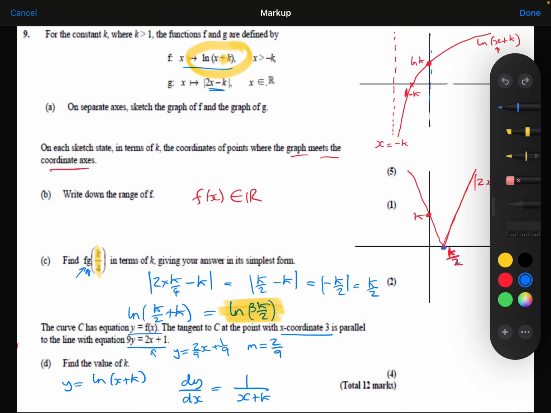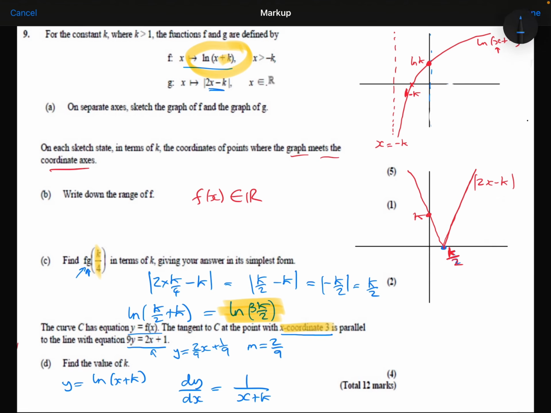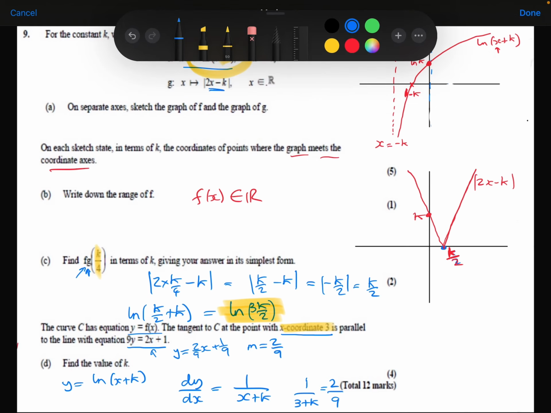And when x is 3, this should equal 2/9. So when x is 3, 1 over 3 plus k should equal 2/9. There are different ways we can solve this equation. I'm going to times the left-hand side by 2, so that I get 2 over 6 plus 2k is equal to 2 over 9.